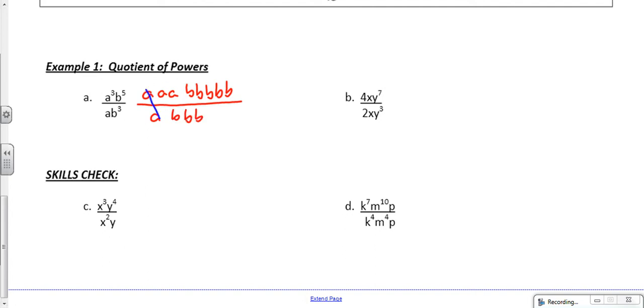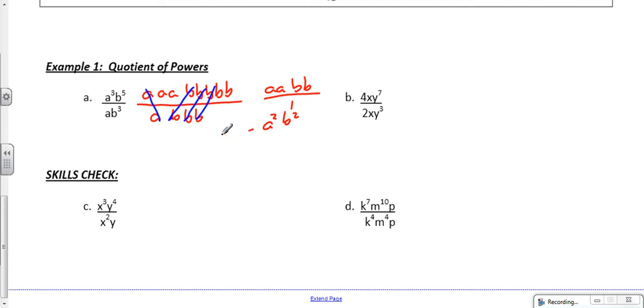Now the a's cancel here, 1, 2, 3 b's cancel, and you're left with 2 a's on top and 2 b's on top and nothing below, but we'd have to write a 1. That's the same as a squared and b squared.